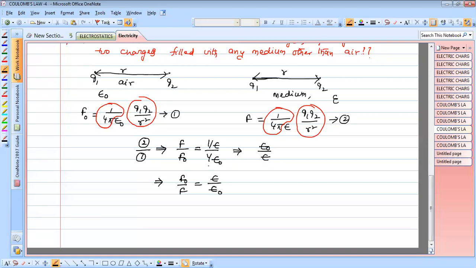So what is this? This is the ratio of the permittivity of the medium to the permittivity of free space.